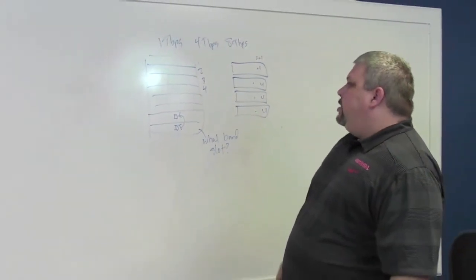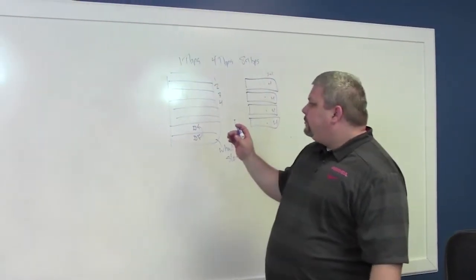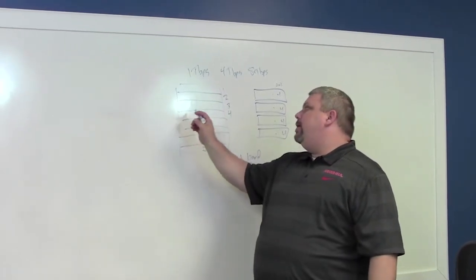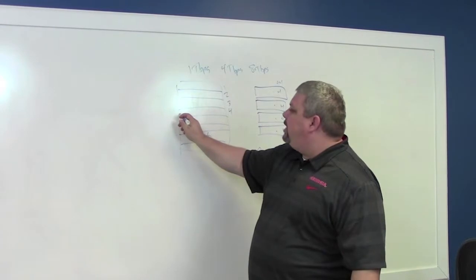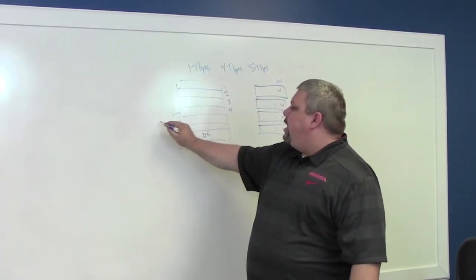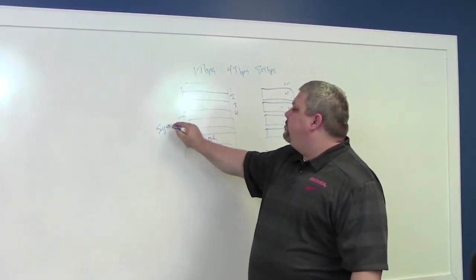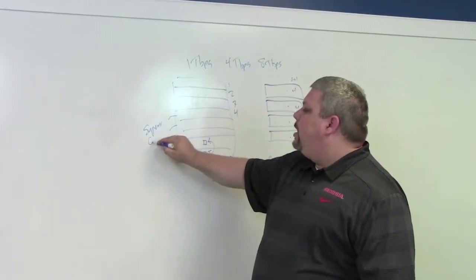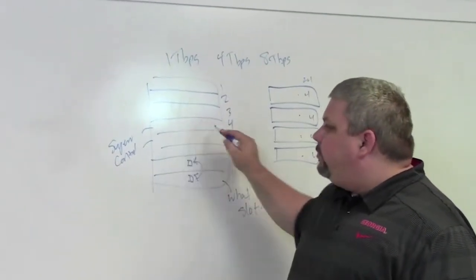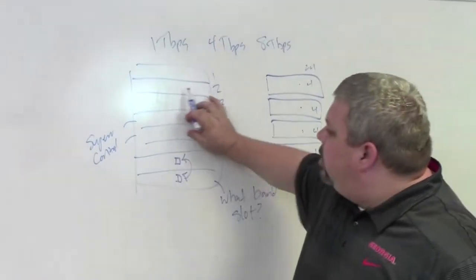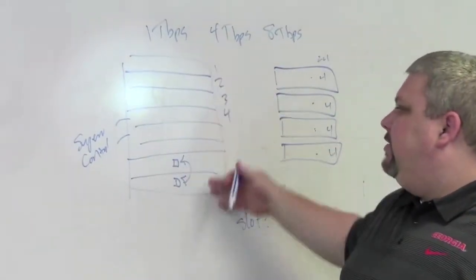The second thing you want to look at is how do I upgrade these slots? Do I have to replace something called a supervisor module, or a control module, or some other crossbar that's in here that connects these all together?